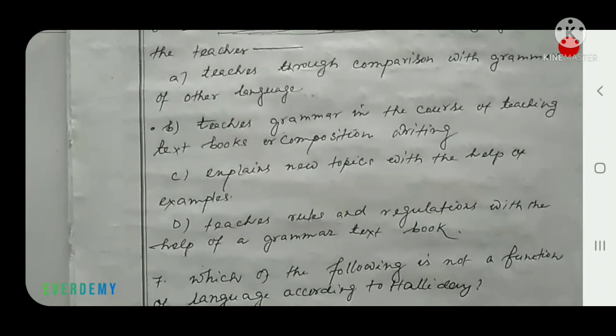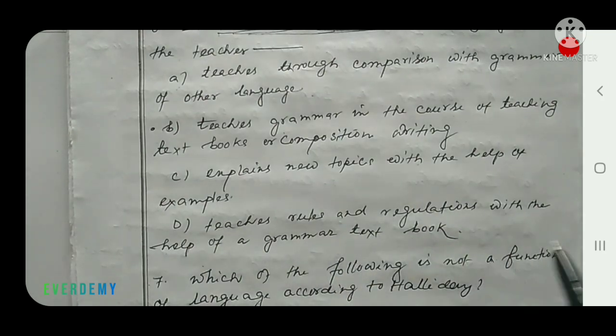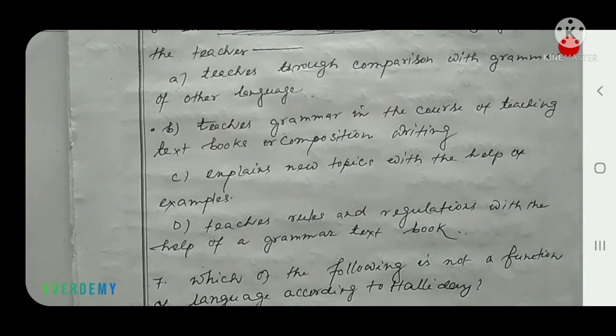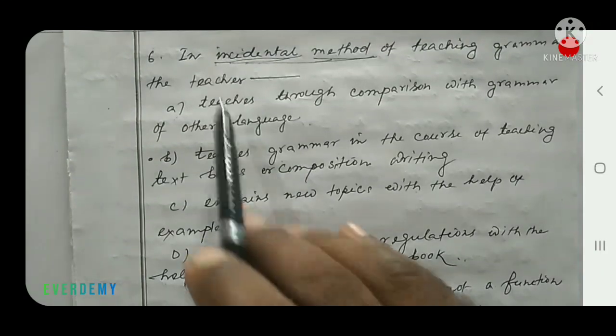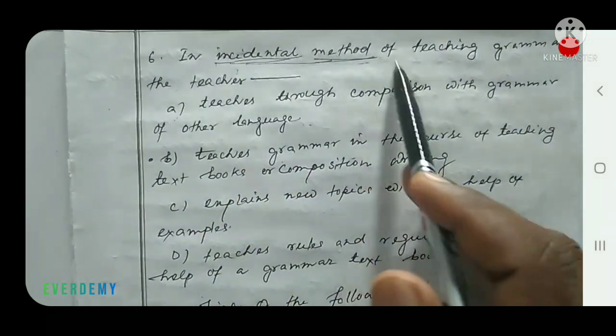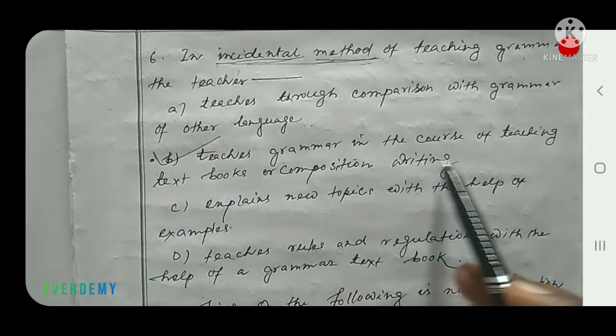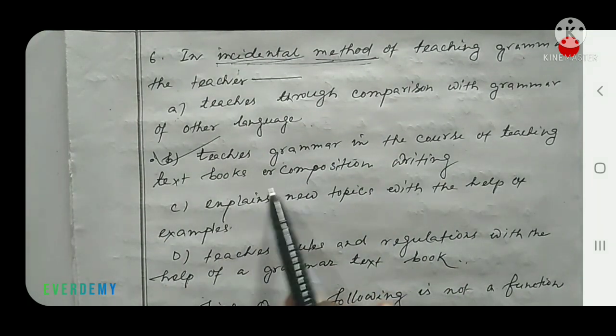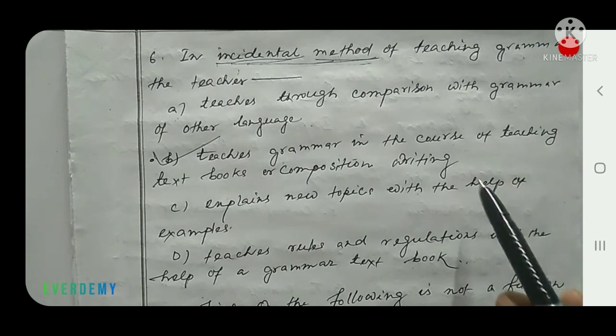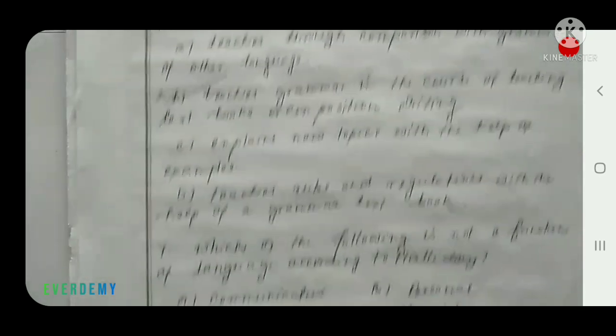C, explains new topics with the help of examples. D, teaches rules and regulations with the help of grammar textbooks. So in incidental method, the teacher teaches grammar in the course of teaching textbooks and composition writing. So B is the correct answer.